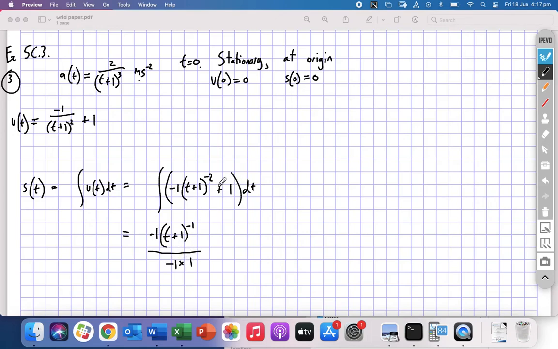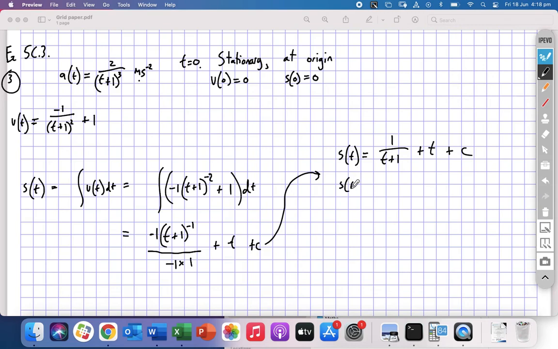Over here, the integral of 1 is t, and there's a possible constant. Now we've got a displacement function: minus 1 divided by minus 1, that's just 1. So we have 1 on t plus 1, plus t, plus c.